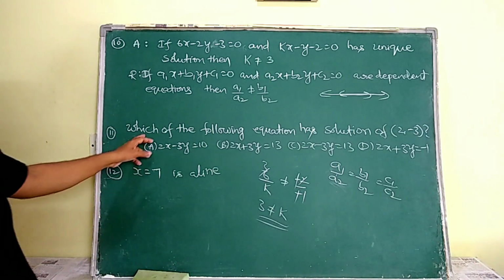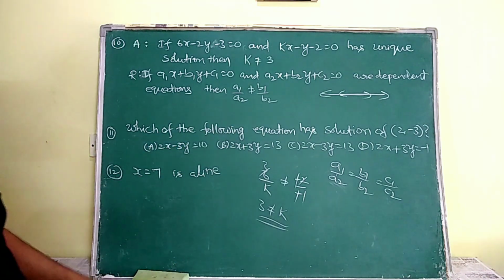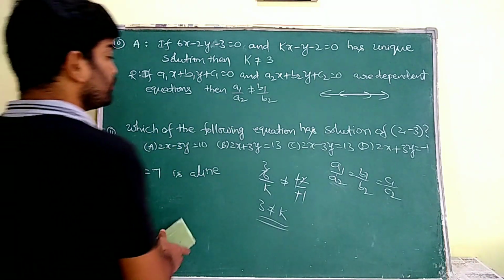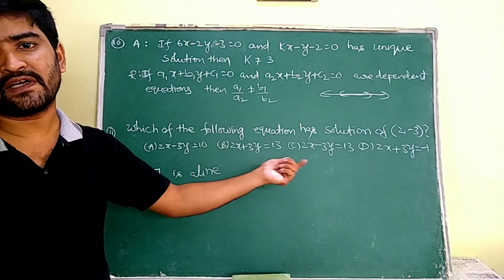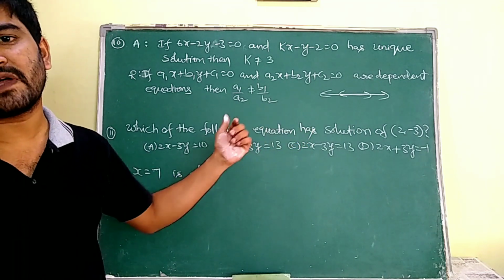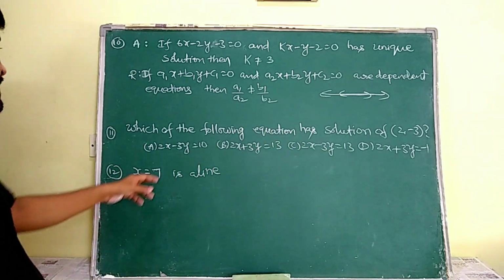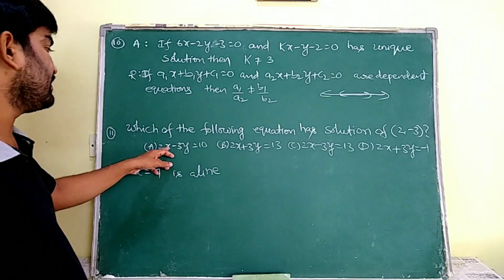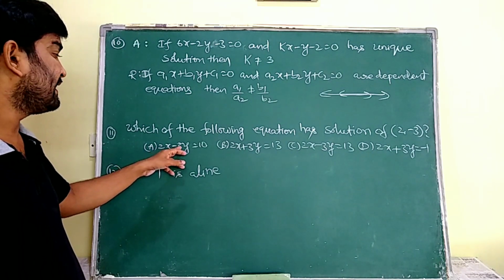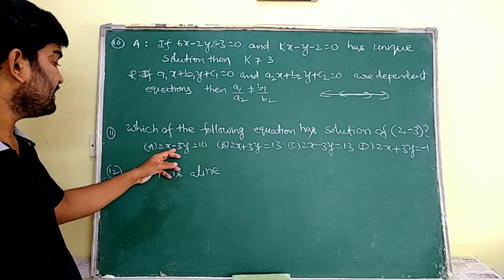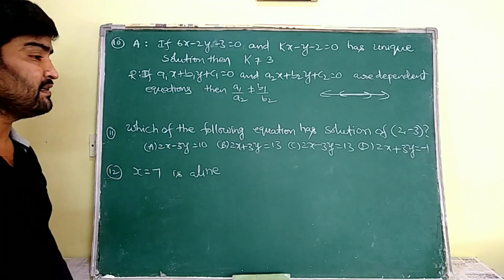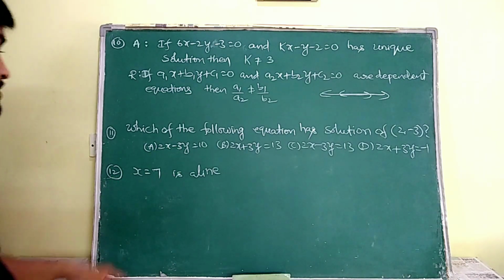Okay, next. Which of the following equations has a solution of (2, -3) is what it is asking. If that point satisfies any of the equations, then that is the solution of the equation. See, if I substitute, 2 into 2 is 4, and 3 into minus 3 is minus 9, so this becomes plus 9. 4 plus 9 is not equal to 10, so it's wrong.